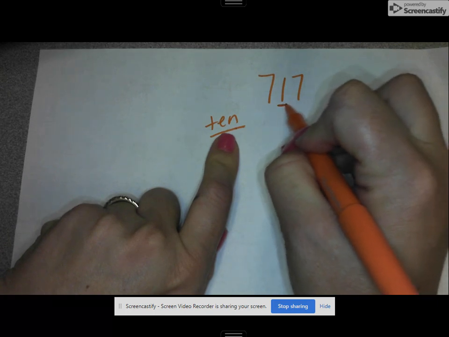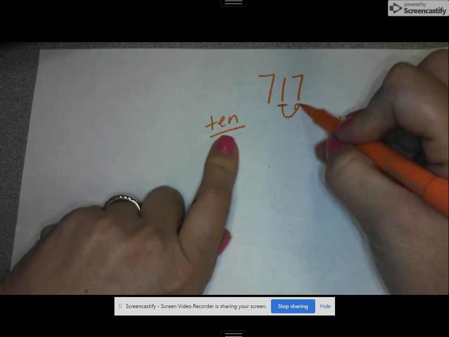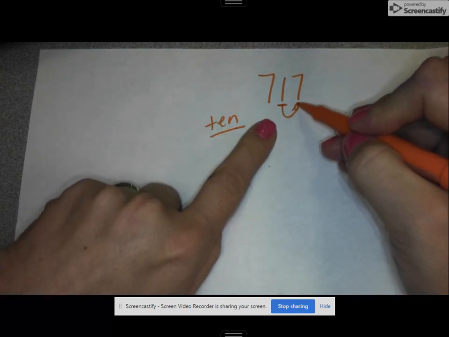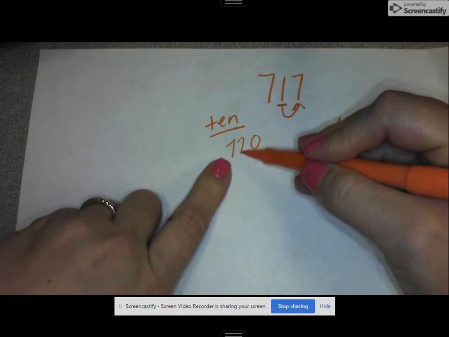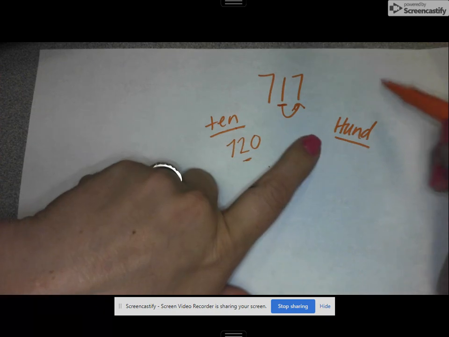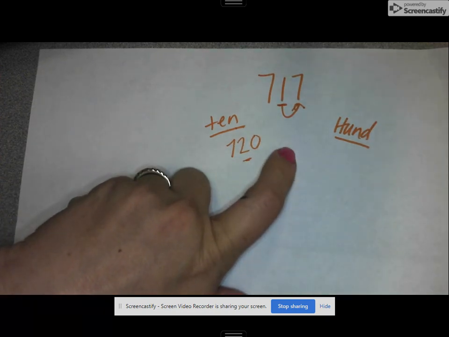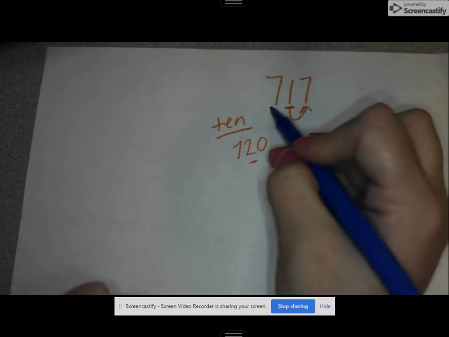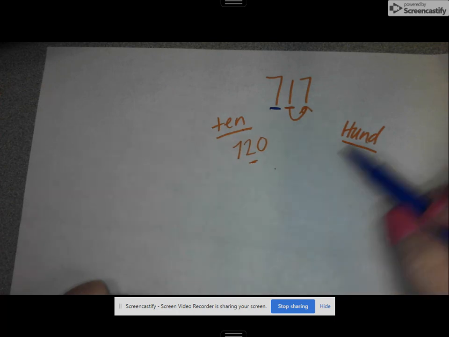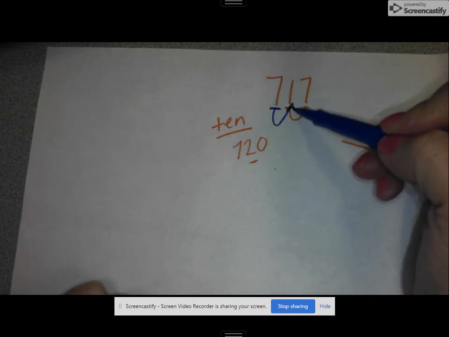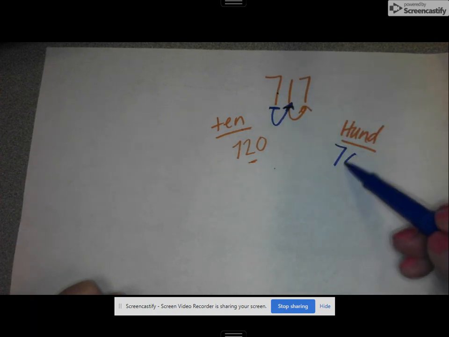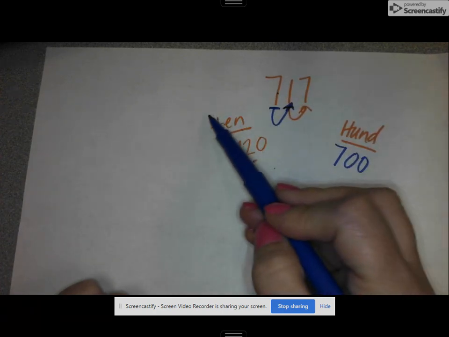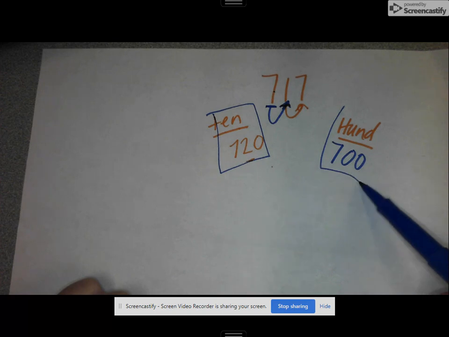I'm worried about the tens place, and I'm looking right next door. 7 says raise the score, so this is 720 when I'm rounding to the nearest 10. But when I'm rounding to the nearest 100, I'm only worried about the hundreds place. The hundreds looks right next door and sees a 1, and the 1 tells it to rest, and everything else becomes a 0. So round to the nearest 10 and round to the nearest 100.